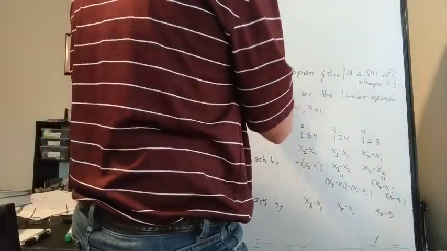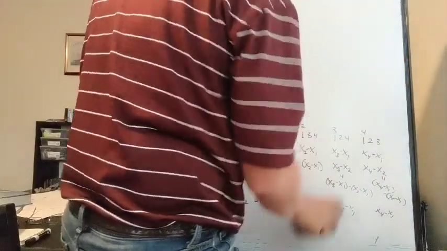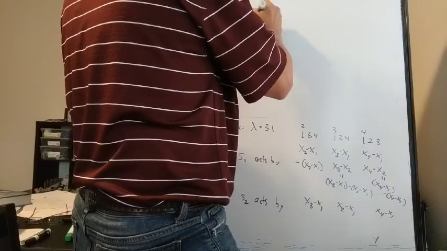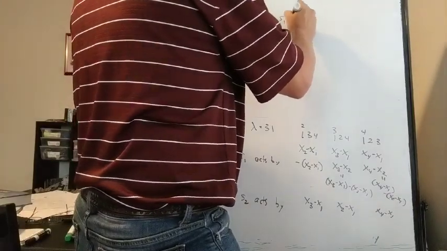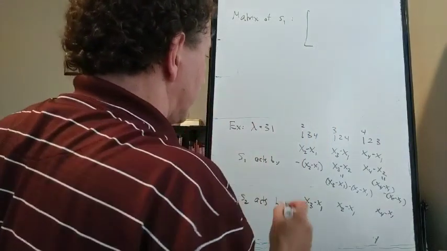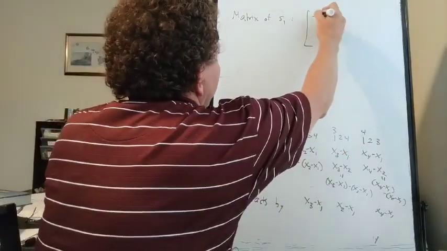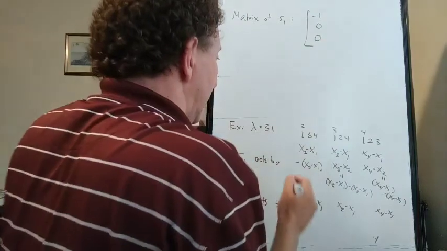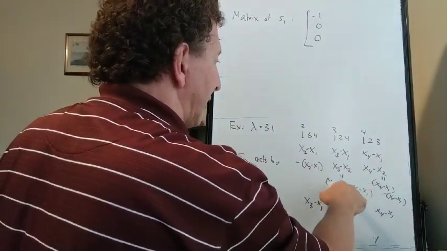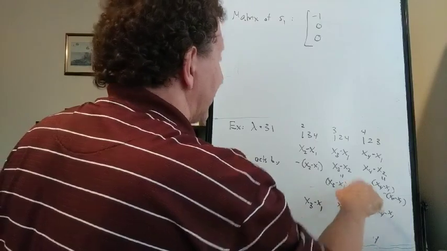All right, and then the matrices. The matrix of S1 is, so the first basis element got mapped to negative itself plus 0 times the other two. The second basis element got mapped to itself minus the first basis element.